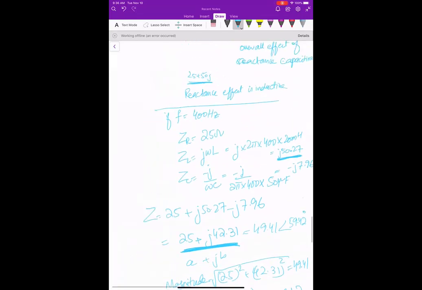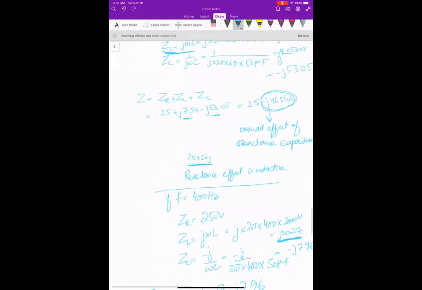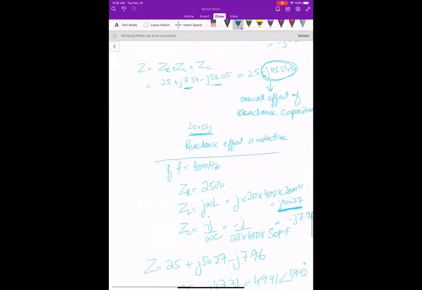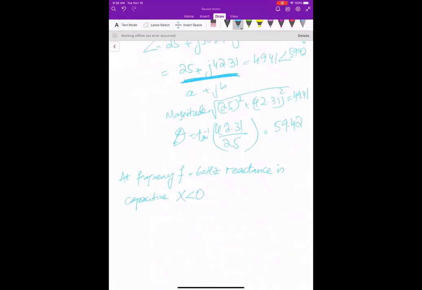If you see here, it was negative, which means that it was less than 0. But for F equals 400 hertz, X was greater than 0, making it inductive. Sounds good? We are good about this?